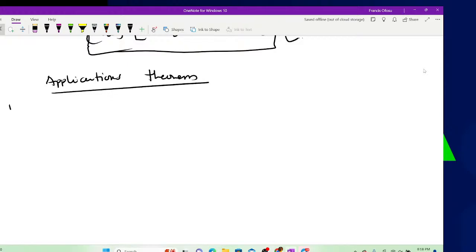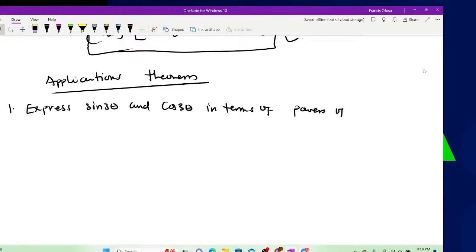So the problem we are going to solve here, it says express sine 3 theta and cos 3 theta in terms of powers of cos theta and sine theta. So application 1, we are dealing with trig identities. An application of De Moivre theorem is in trigonometry identities.